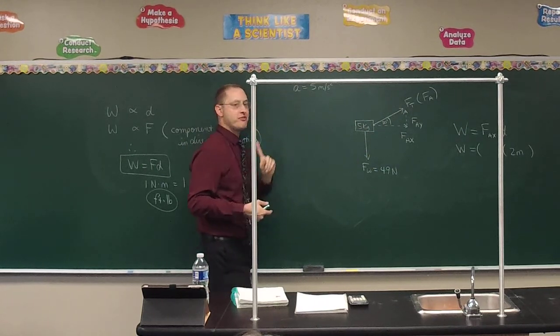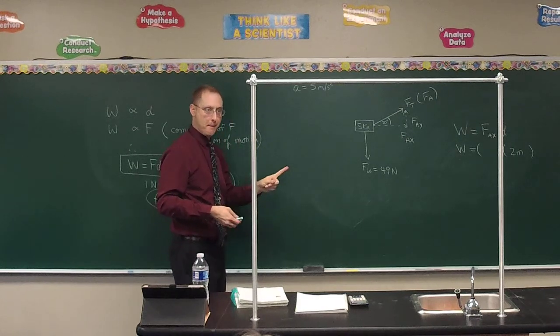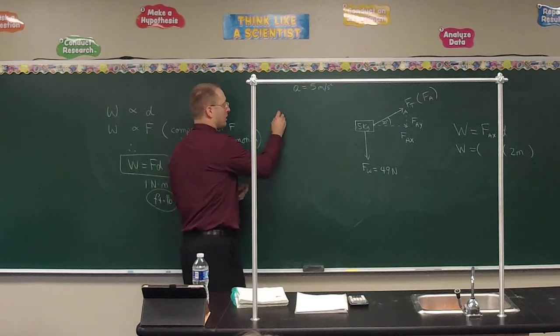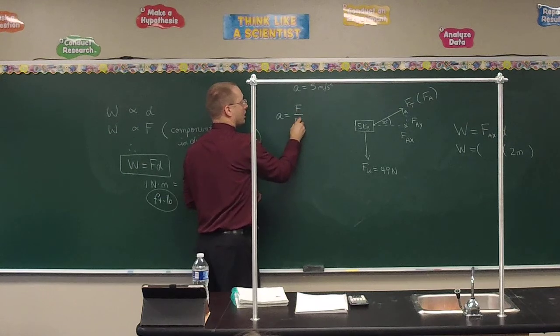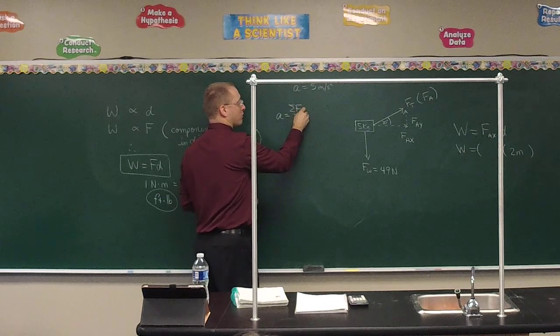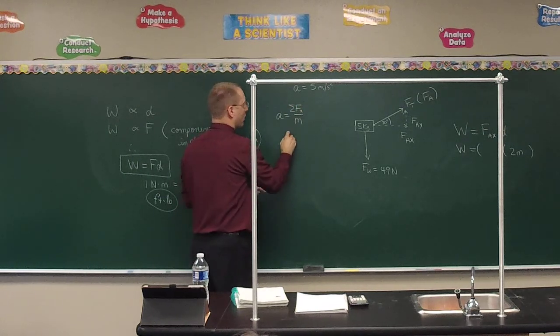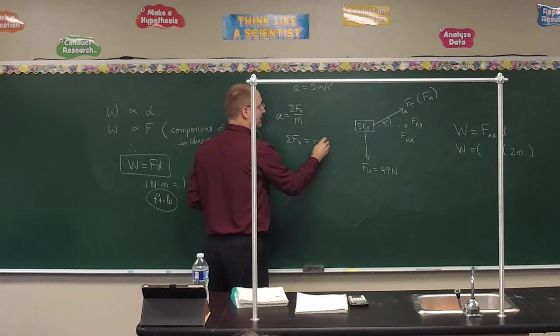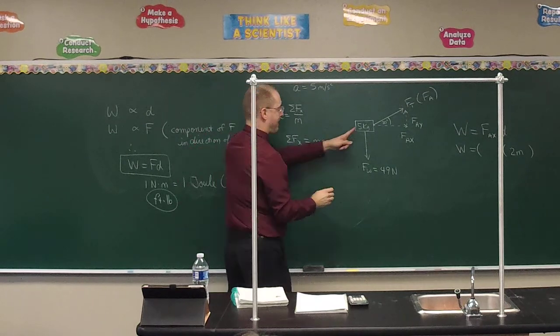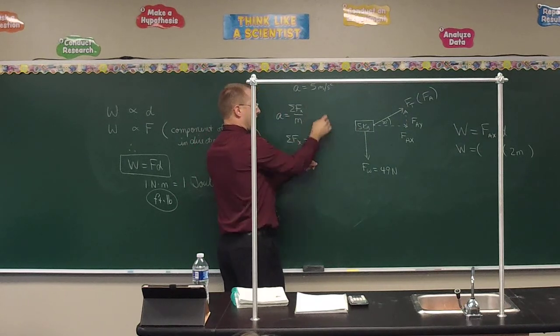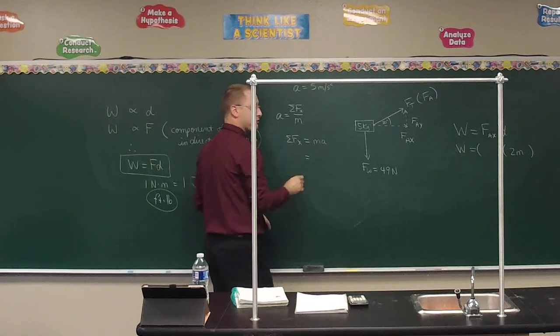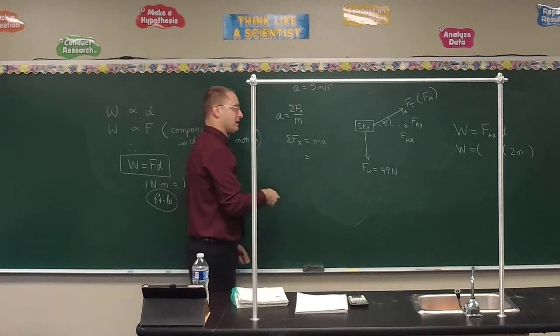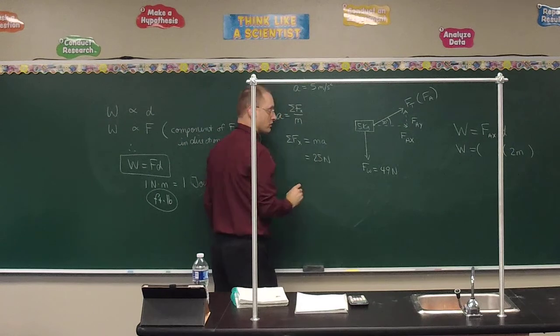How do I normally find acceleration? Sum of the forces in the X over the mass, right? Therefore, the sum of the forces in the X would equal mass times acceleration. Well, the mass is 5, the acceleration is 5. What is the net force, the resultant force in the X, class? Apparently 25 newtons.